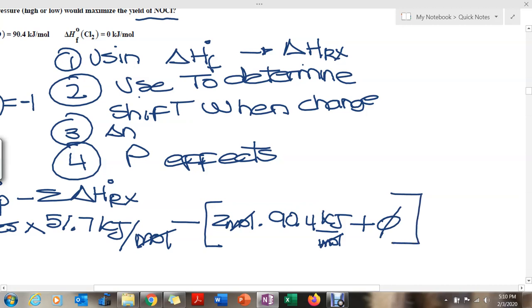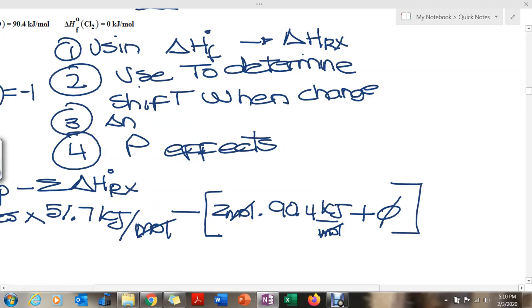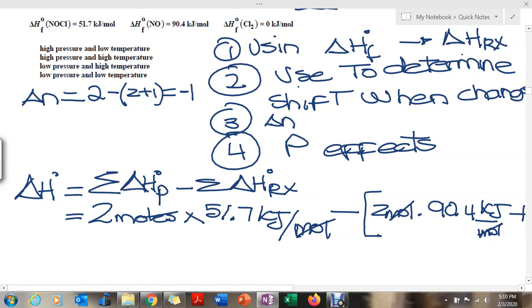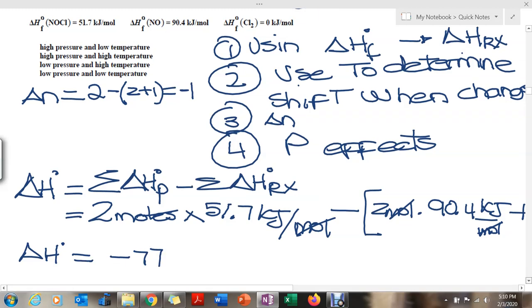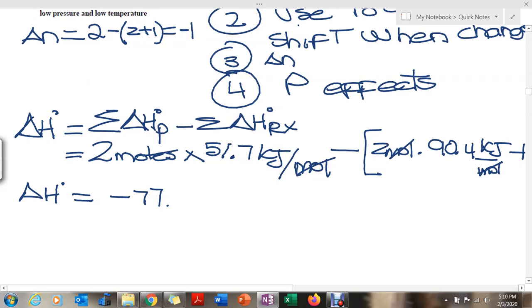So that is going to give us this minus 2 by 90, for a total enthalpy of the chemical reaction of minus 74.4 kilojoules per mole of reactant.